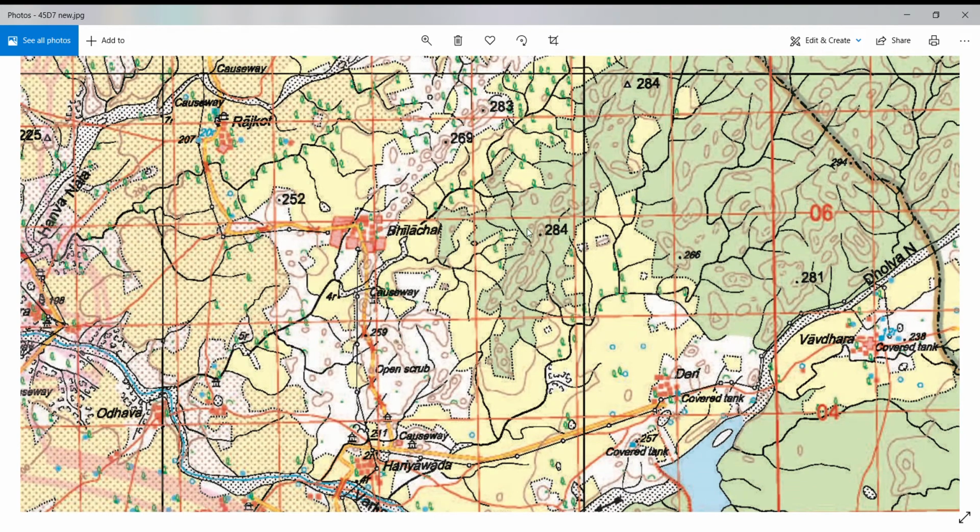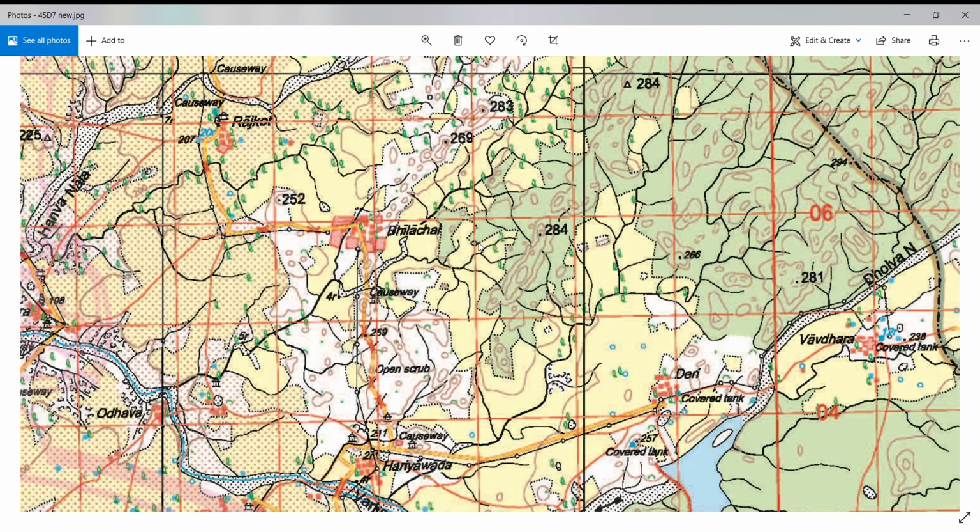After 37, where in 37? 1, 2, 3, 4, 5, 6. Roughly it is 7, because here it will be 8 and here 9 and here 10. So it will be 7. And this side it is 5. So the answer of this spot height will be 377 and 058. Okay, 058.